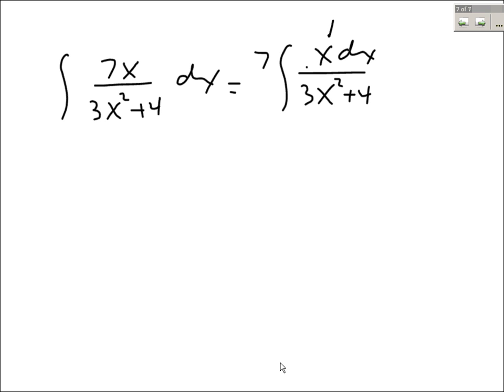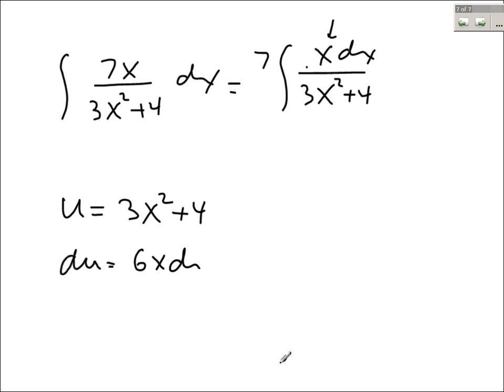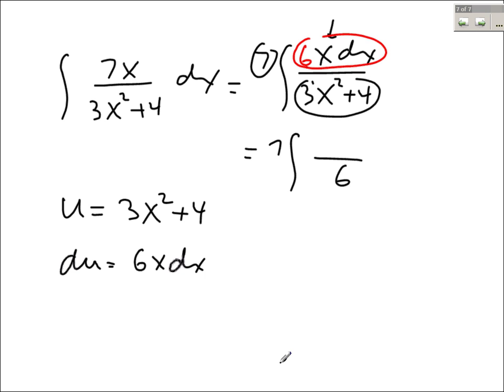The derivative of the top is not the bottom. But you know what? The derivative of the bottom is going to be similar to the top. If I let u equal 3x squared plus 4, well then du will be 6x dx. The bottom is u. That's 7, well, if I had a 6 in front, then that's du.